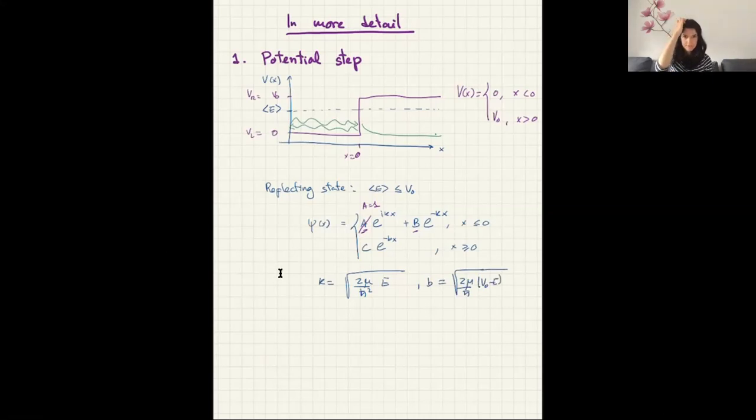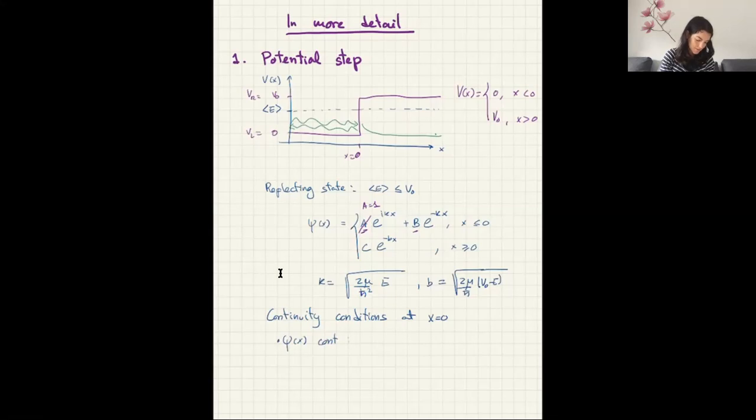Okay, so now we apply the continuity conditions at the only point that is critical, which is x equals 0. We want psi of x to be continuous.